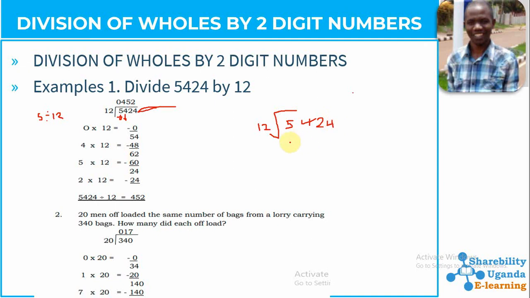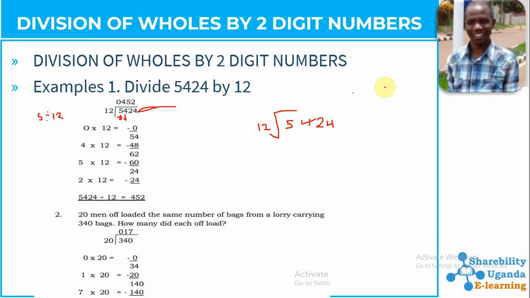So this is the number we are going to divide. We say 5 divided by this, which is impossible. So when it is impossible, you can now bring these two numbers. 54 divided by 12. So what is 54 divided by 12?